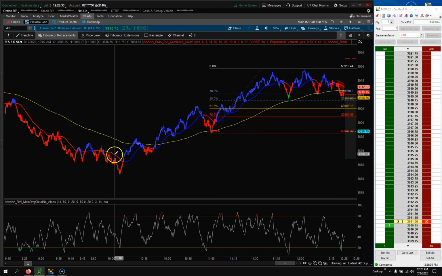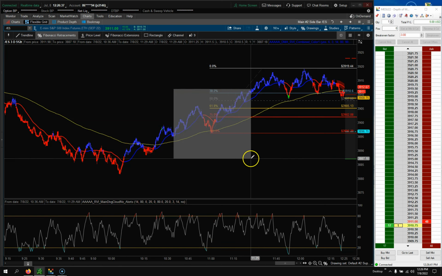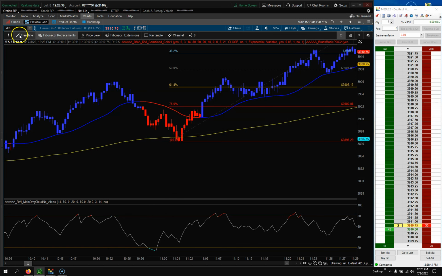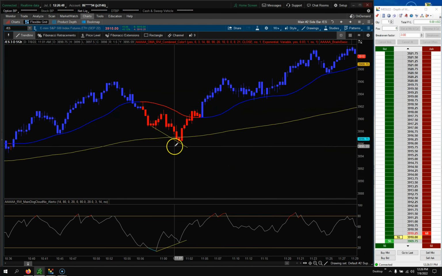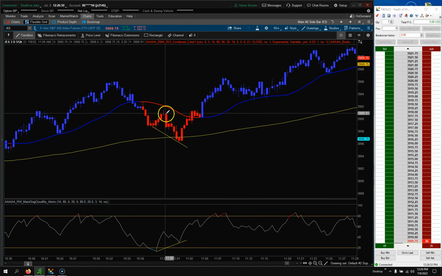But you're also able to see patterns. You could see divergences. Look at this divergence right here. So there are multiple different ways to trade using this. Maybe this would be green, bounce, and then back to red. That would tell you, hey, look, we got oversold.